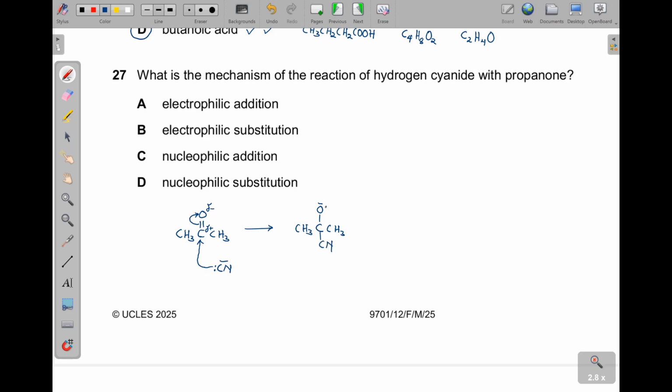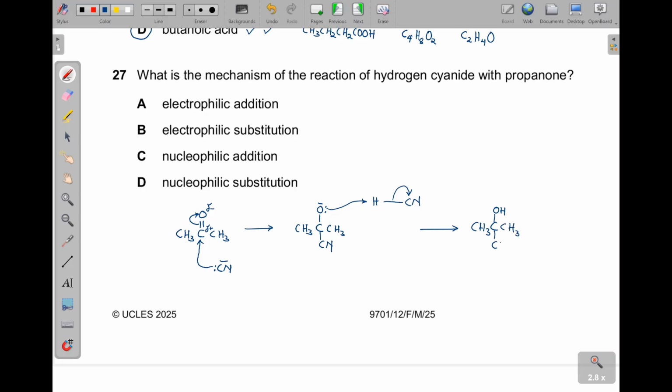Now this oxygen has a lone pair, so it donates it to a hydrogen in the cyanide, and then this bond has to break off. Then you get CH3, then C. The compound formed here we call the hydroxynitrile.